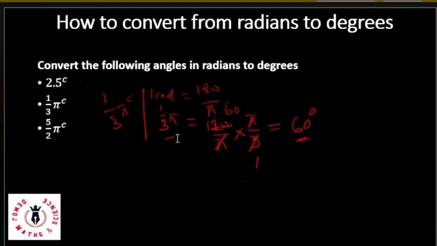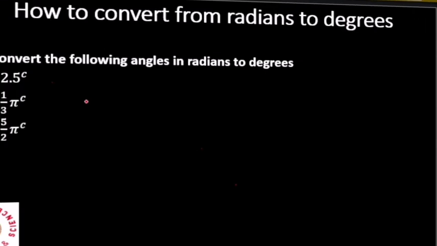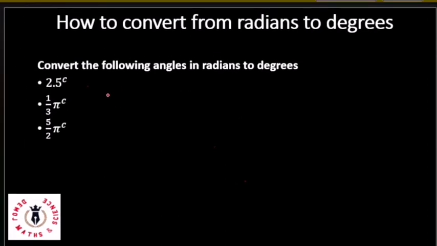Now, I'll advise you to pause this video and try your hand at converting 5/2 pi radians to degrees. To convert 5/2 pi radians to degrees, remember we said 180 over pi is equal to 1 radian.